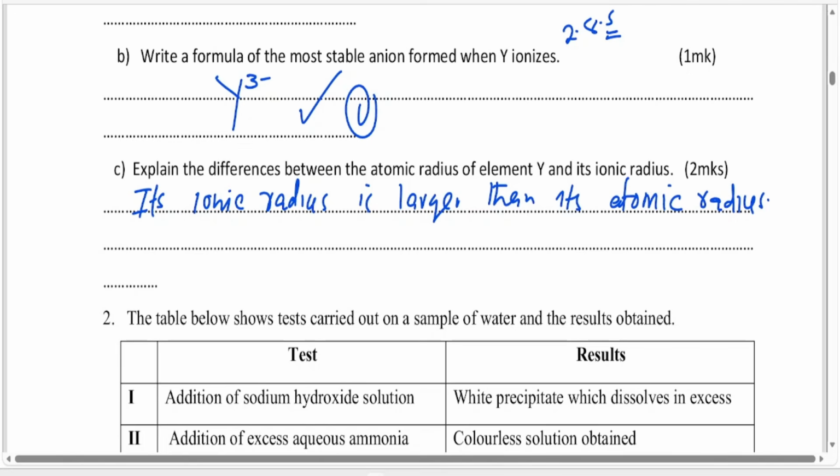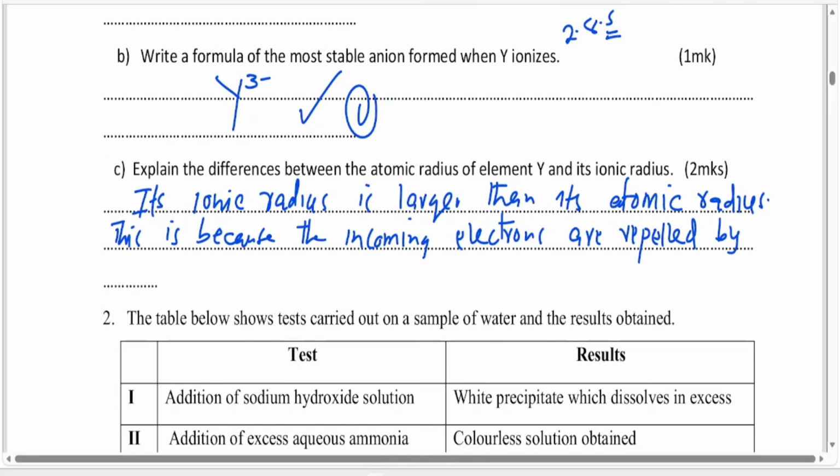After stating the difference, then we give an explanation and we say this is because the incoming electrons are repelled by the electrons already in the energy levels.